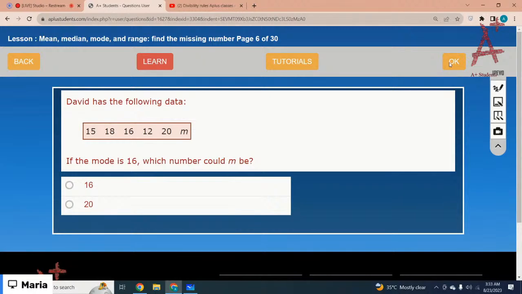Because the mode is the number that appears most of the time in the data. But if you see the data, 16 appears only once. That means M must be 16, because 16 is the mode and the mode is the number that appears most of the time in the data, right? That means it must be 16.